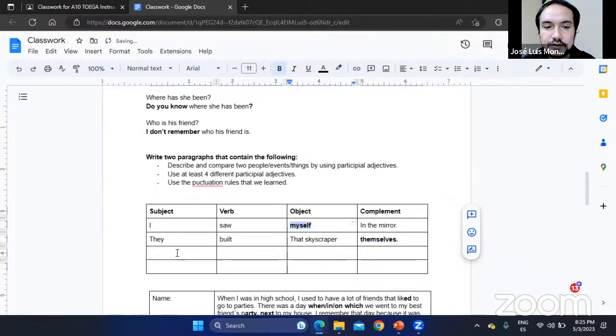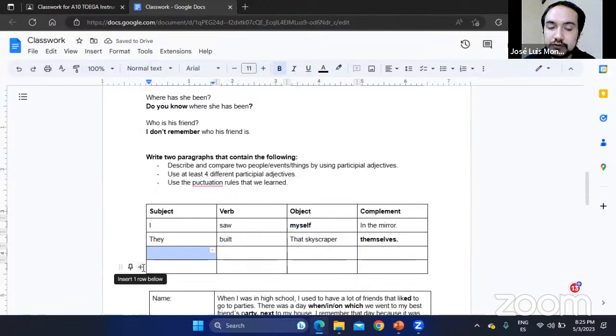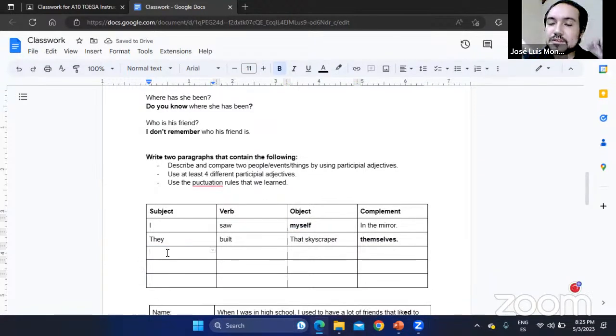Number one, number two. In number three, remember, we have two possibilities. So I'm going to write two ideas. It can be the subject or it can be the object. So you can say the president himself, right?